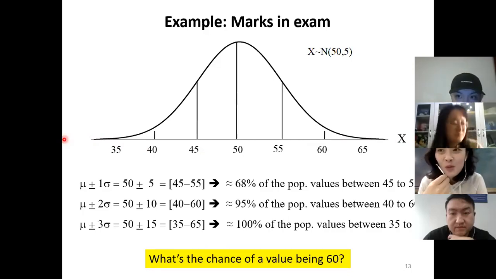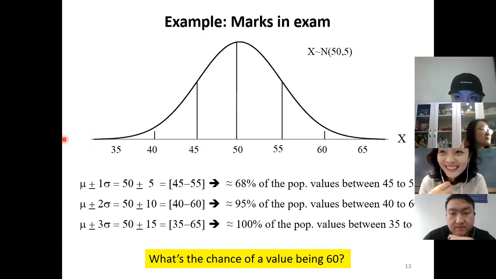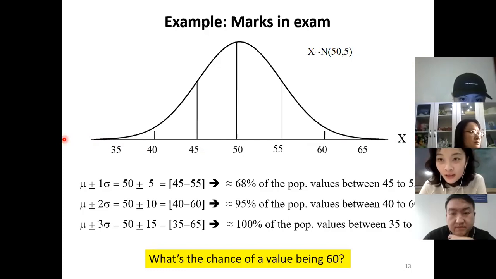Oh, my name is Wang Yanan. Wang Yanan. Oh, okay. If the mark is below 30, you fail. Below 30? That is 30 here. Yeah, 0. Somewhere here? Yeah.